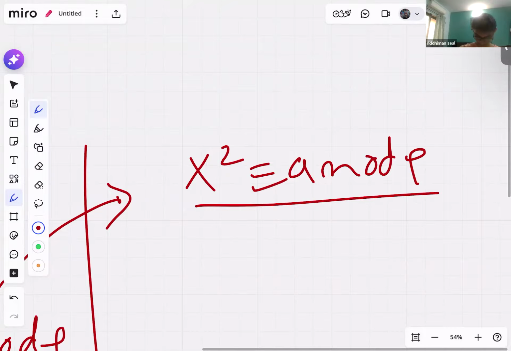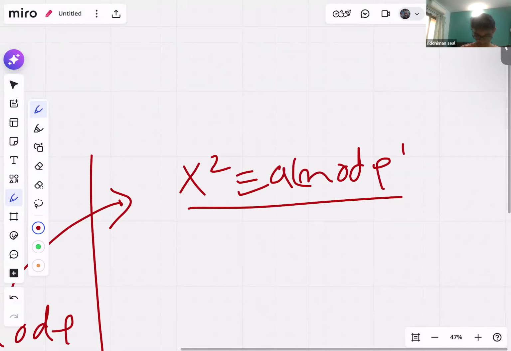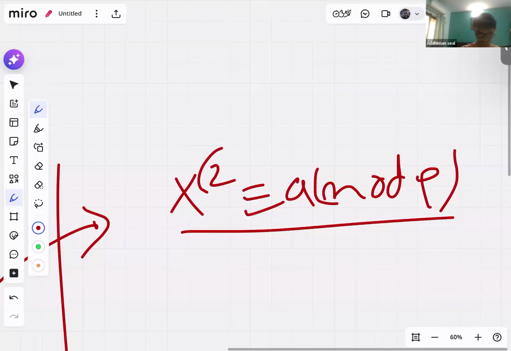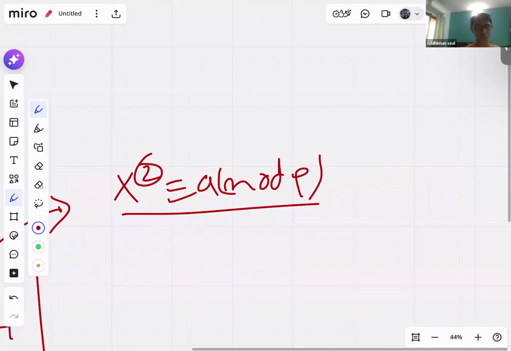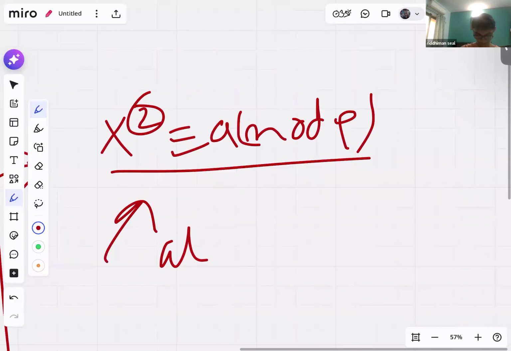At face value, we don't really know what to do. We have not seen x squared before, but we know that a quadratic can have at most two solutions. That is easy to prove. We can prove that at most two solutions exist.